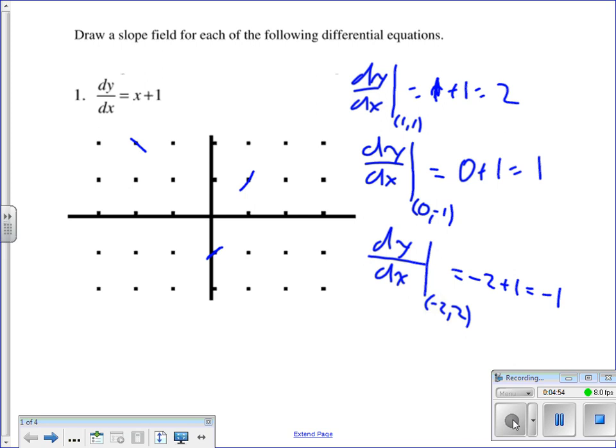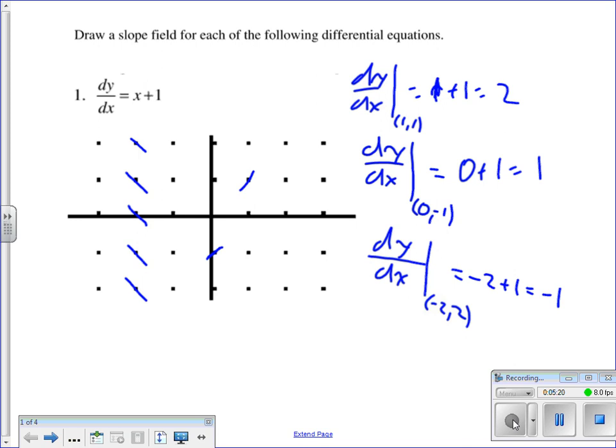So I know, because I got -1 here, every single one of these is going to be a slope of -1. Because x is equal to -2 in every one of these. -2 plus 1 is -1 for every one of these. The y is irrelevant because there's no y in this differential equation.